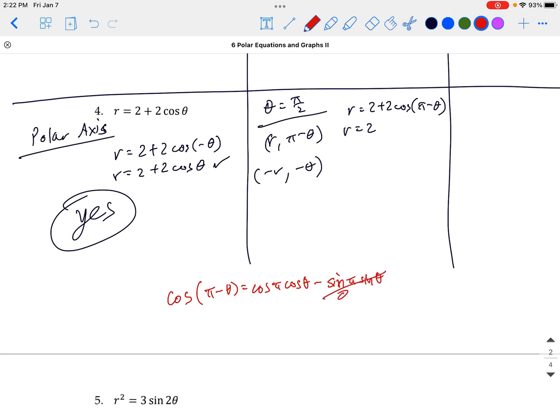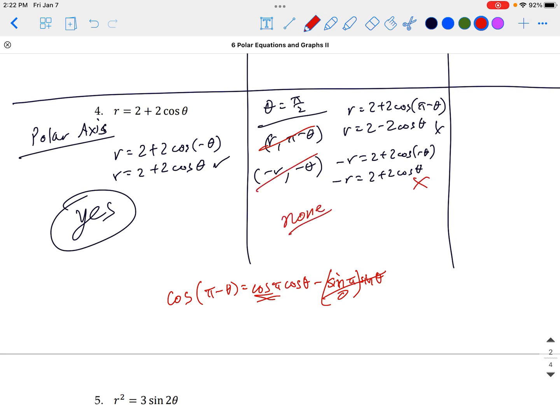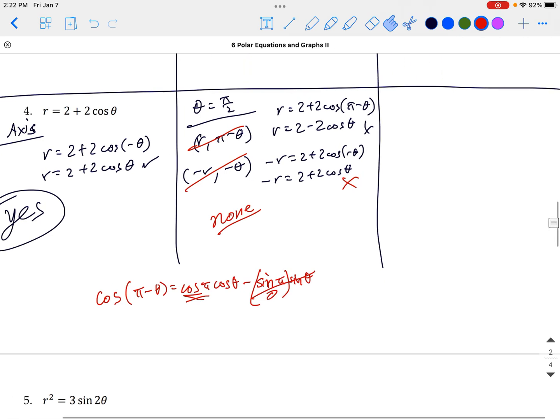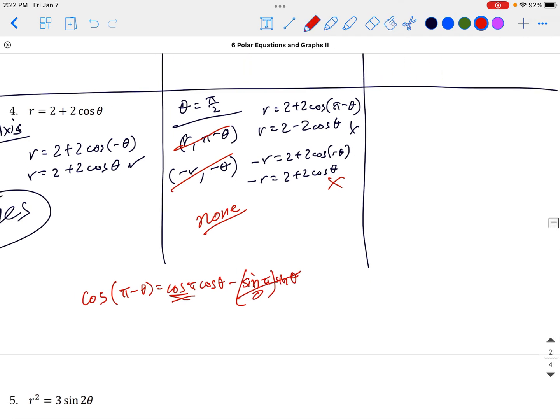Sine pi is just 0, so that's going to cancel out, and cosine pi is negative 1, so we get minus cosine theta. So this becomes negative 2 cosine theta. So that doesn't work. And then negative r equals 2 plus 2 cosine negative theta. Well, that negative r doesn't change, even though we can change the cosine. So still not the same equation. So there's no symmetry about theta equals pi over 2.